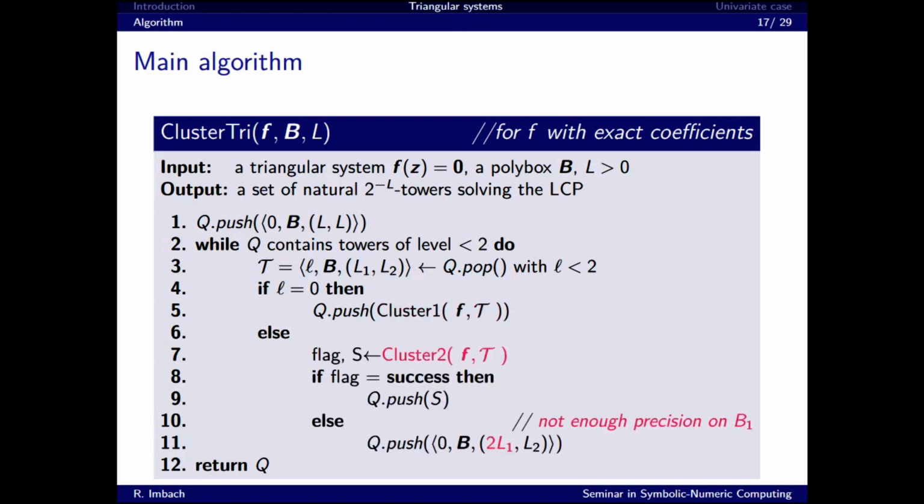And if the level is 1, we try to lift it to level 2 with our function cluster2. So if this call succeeds, then we push the results in the queue, and otherwise, if it fails, it means that we have to refine the first component of the tower. So we do it by defining a tower at level 0 with the same domain, but we double the asked precision for the first component, and we push it in the queue.